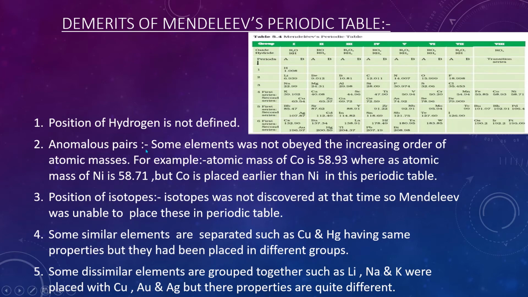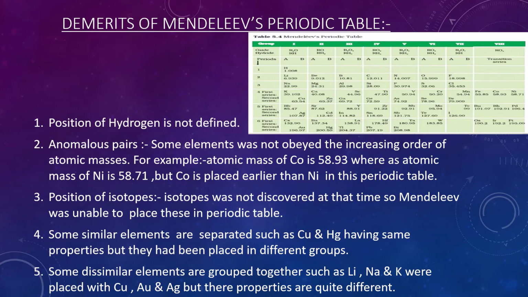Second, anomalous pairs. The Mendeleev periodic table is based on the increasing order of atomic masses. But if we check thoroughly, see here, the transition series of group 8. Here 3 elements are mentioned, iron, cobalt and nickel. That is a drawback in Newlands also. Newlands separated the iron, cobalt and nickel, but Mendeleev placed them in the same place.